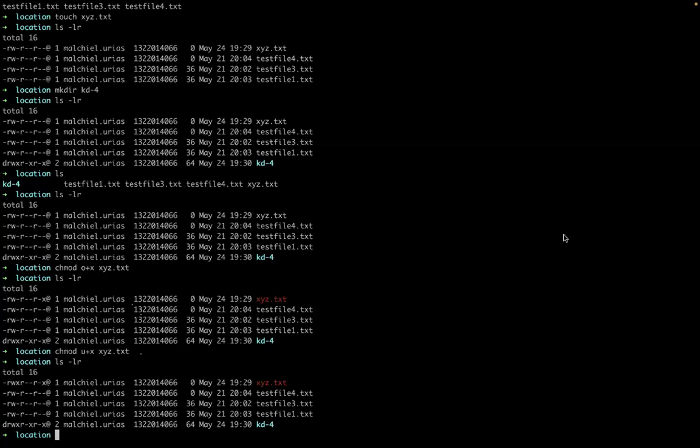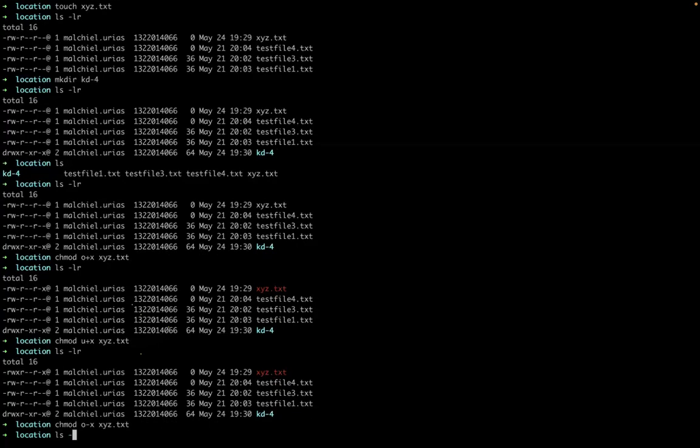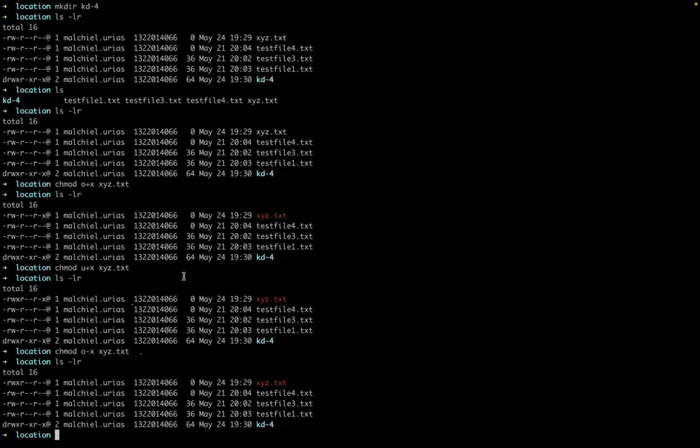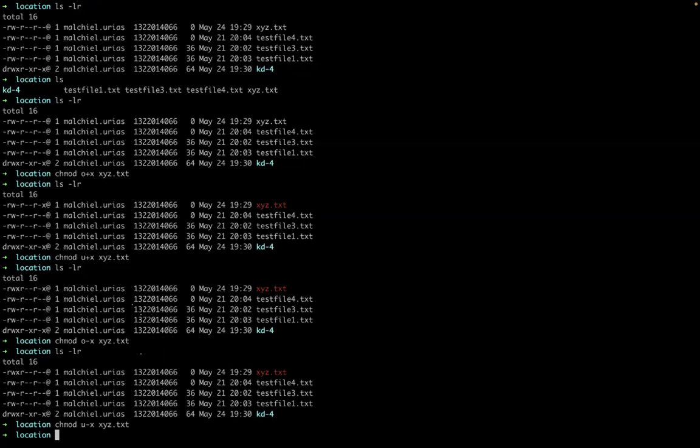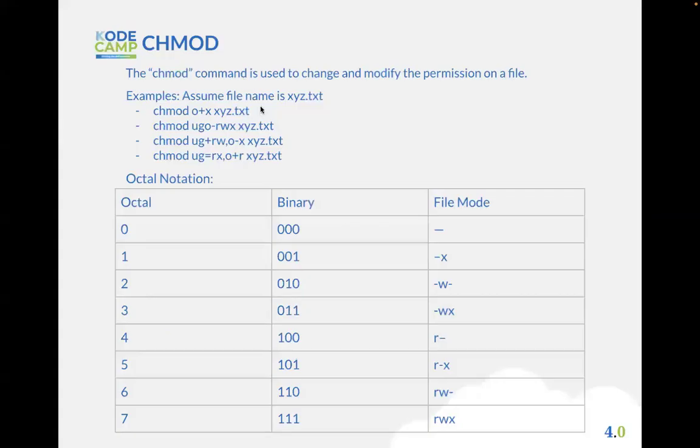Okay, you use chmod, then others, o minus x, then the file name. So that's correct. And let's remove those permissions there. Let's just do the same for the user. So we see that.